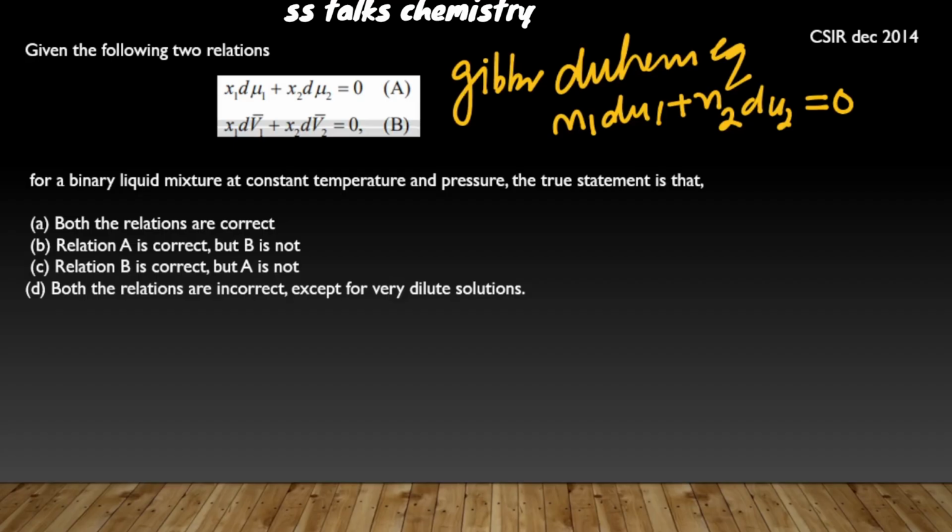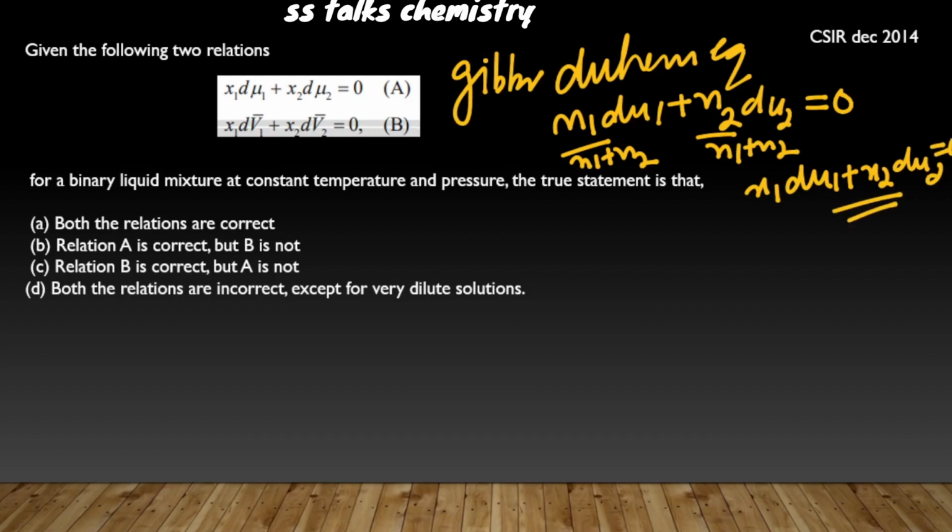If I divide with n1 plus n2, there is going to be no difference. We will get x1 d mu1 plus x2 d mu2, which is equal to 0.